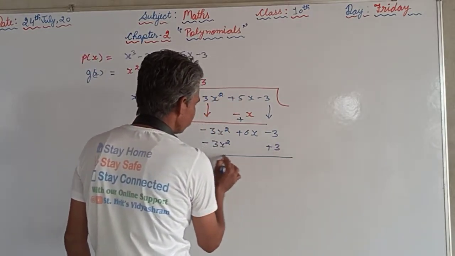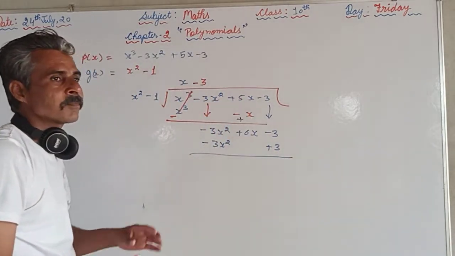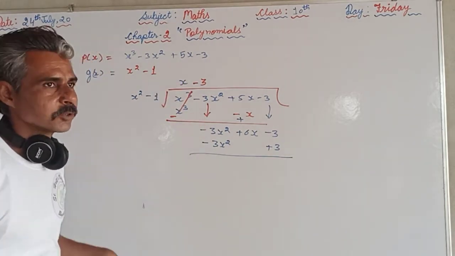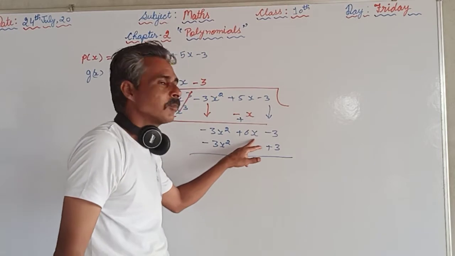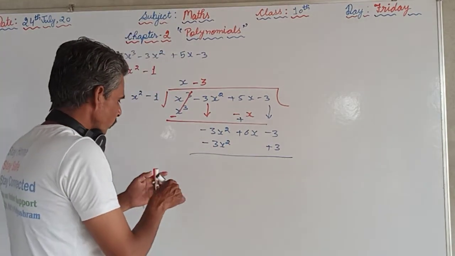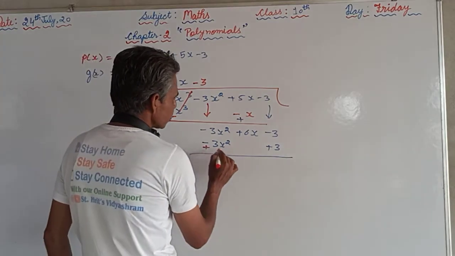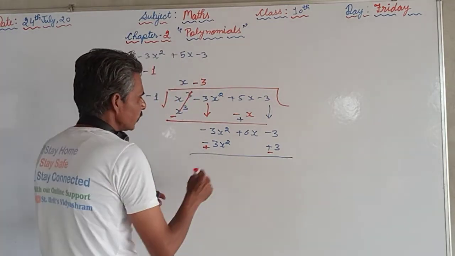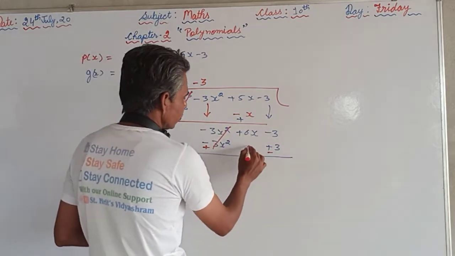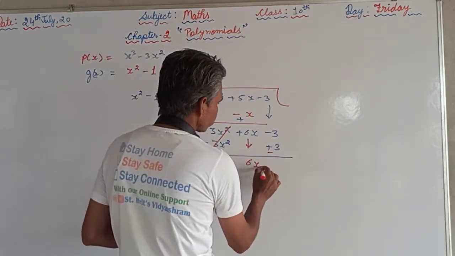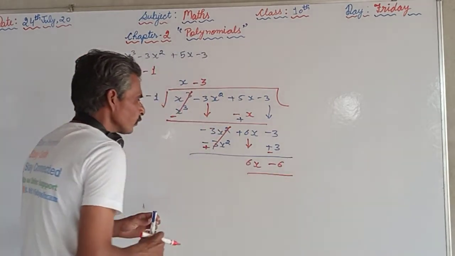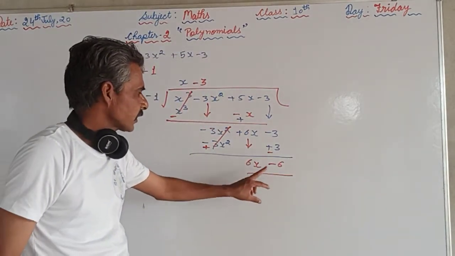We will write the constant term below the constant term, and the x square term below the x square term. We are not getting any term of x, so we are leaving the space here. Again we will subtract, we will change the sign before subtraction. Here 3x square will cancel out minus 3x square, and this will be remaining. Here minus 3 and minus 3 becomes minus 6. So now we got minus 6x minus 6.